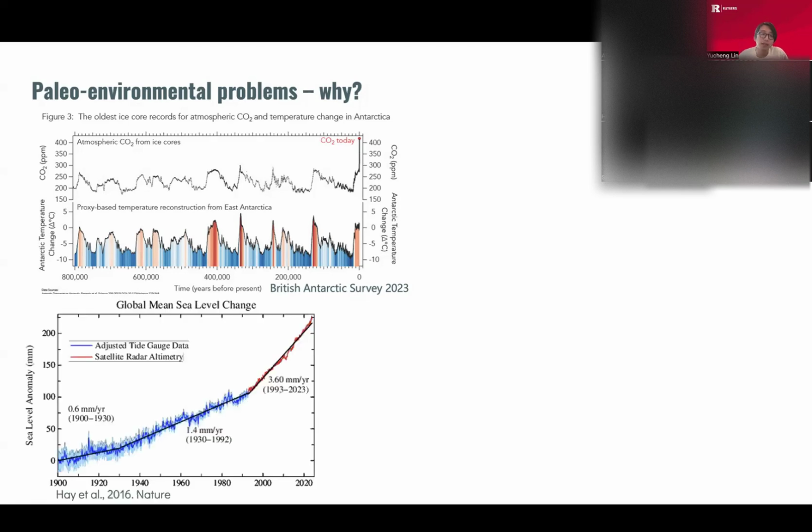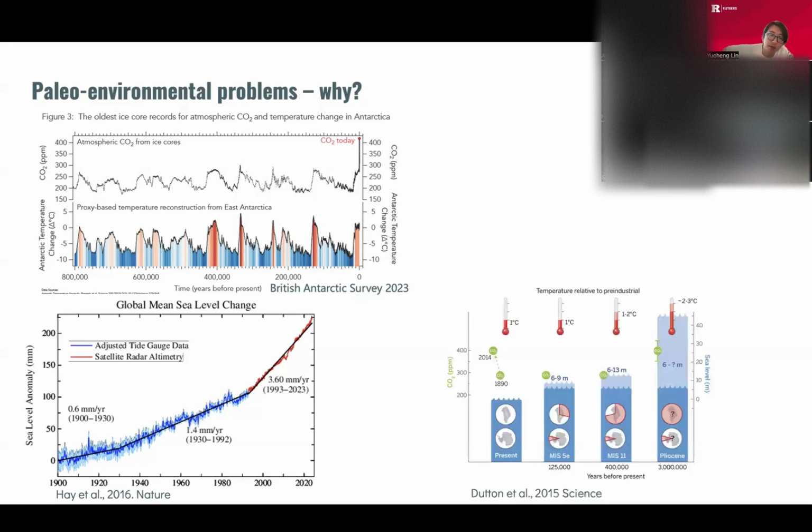If we look at the last 100 years of sea level record, we see that because of global warming, the external forcing, we saw accelerated sea level rise rates globally. But without this kind of satellite and modern tide gauge record, we cannot really understand what's going on in the past and what's going on in the long-term future.